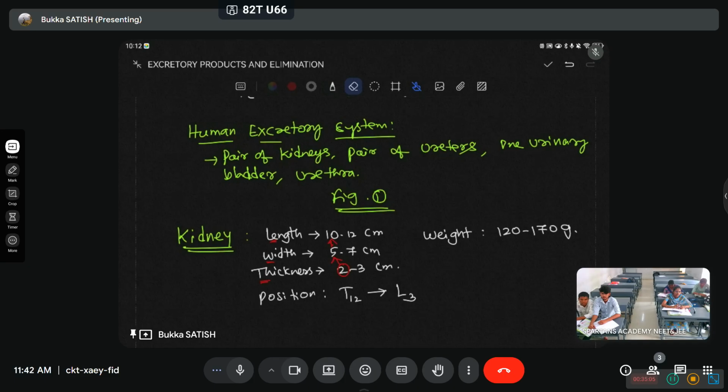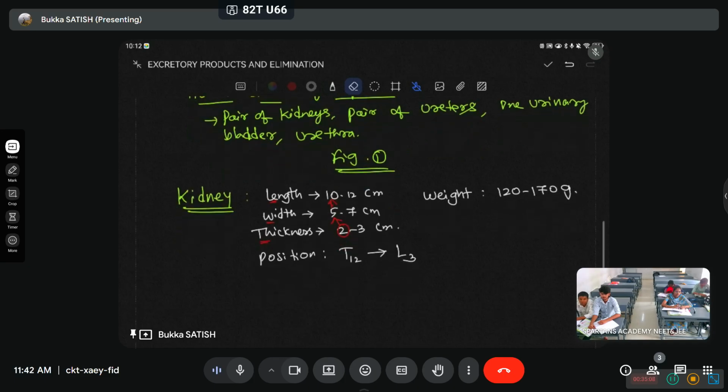Totally 12 thoracic vertebrae are there. So the position of the kidney with respect to the vertebral column: it starts from the last thoracic vertebra.